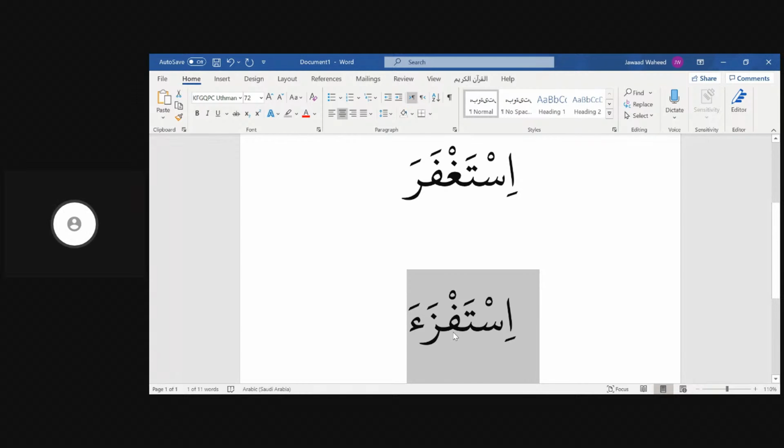So once you reach this point, you can tell which part of the word is just part of the word and which part is an interchangeable root letter. The ghain became a fa, the fa became a za, and the ra became a hamza. So whereas the root here was ghafara, the root here is fa, za, and hamza.